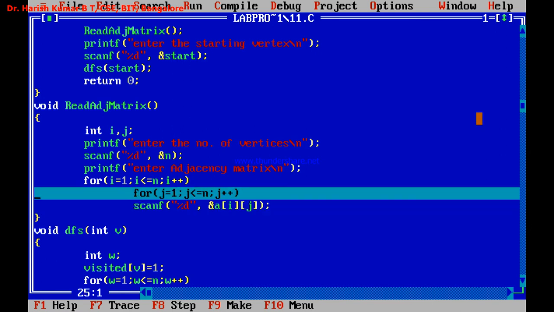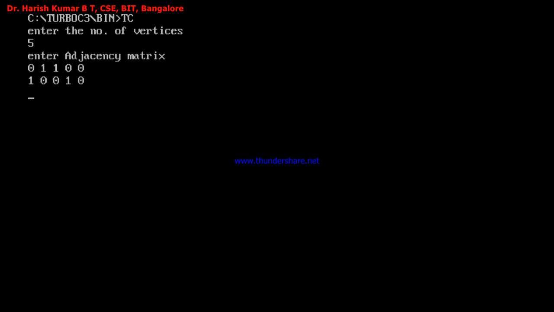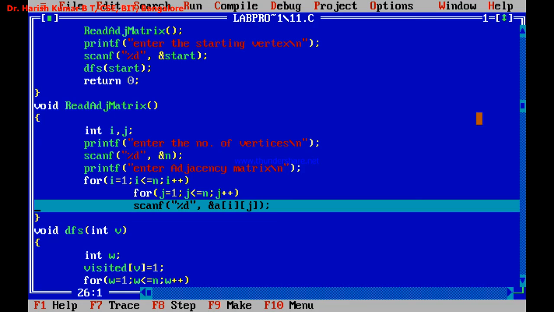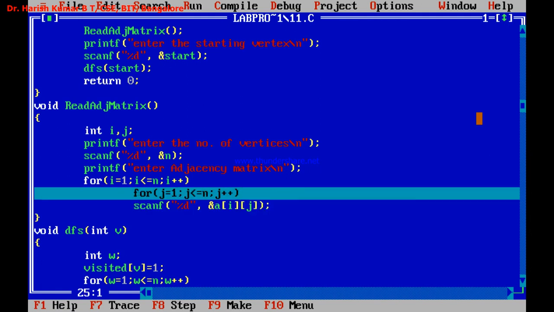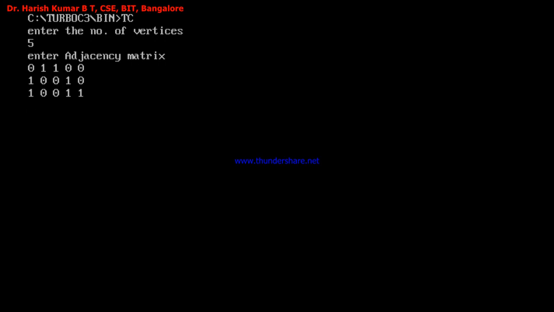And now it is back. Okay. 1 0 0 1 1. Fourth row: 0 0 1 1 1 0 1 0 1.